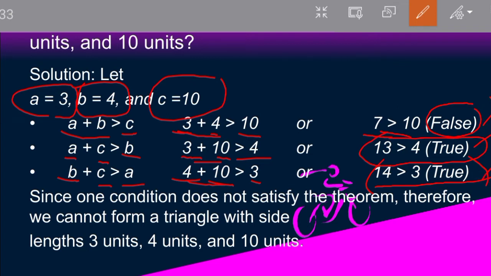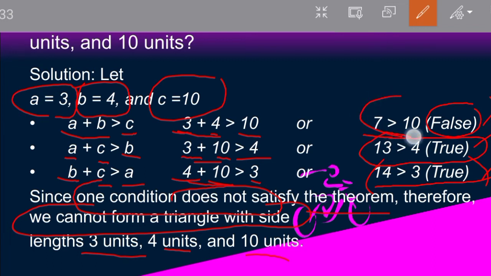So can we form a triangle using these lengths of units? Since one condition does not satisfy the theorem, therefore we cannot draw a triangle with side lengths of 3, 4, and 10 units. Why? It is because 7 is greater than 10 is false.